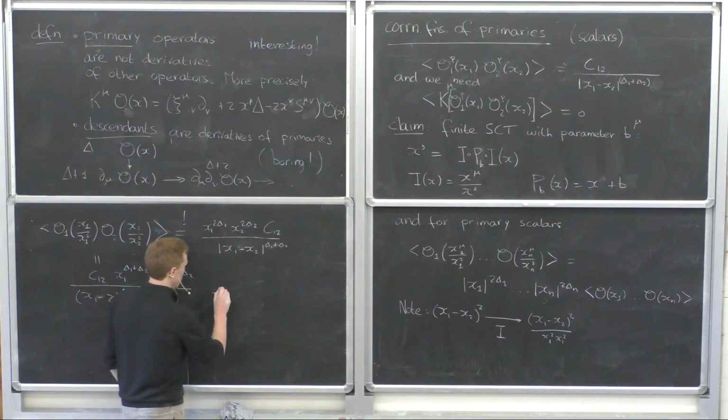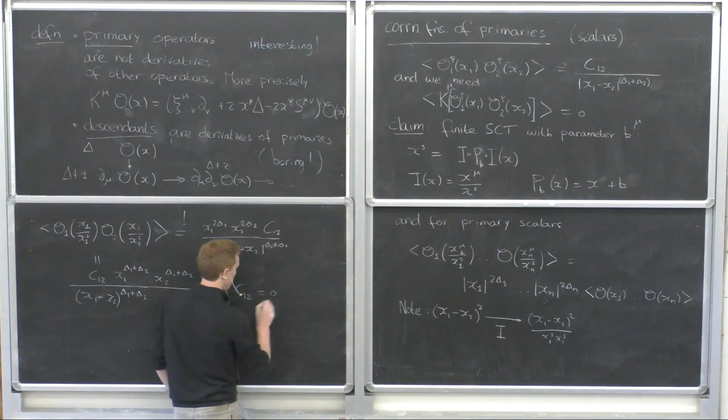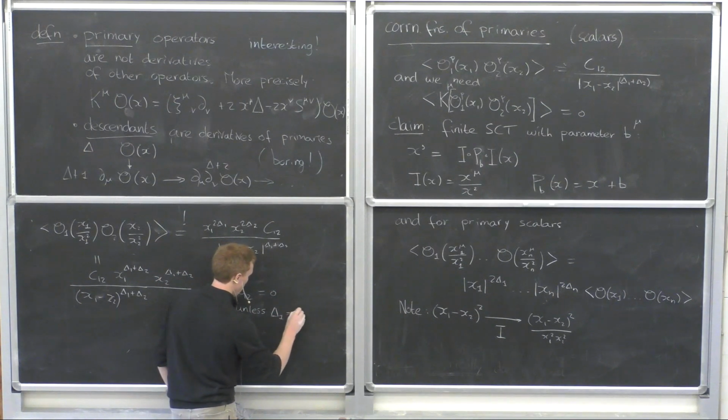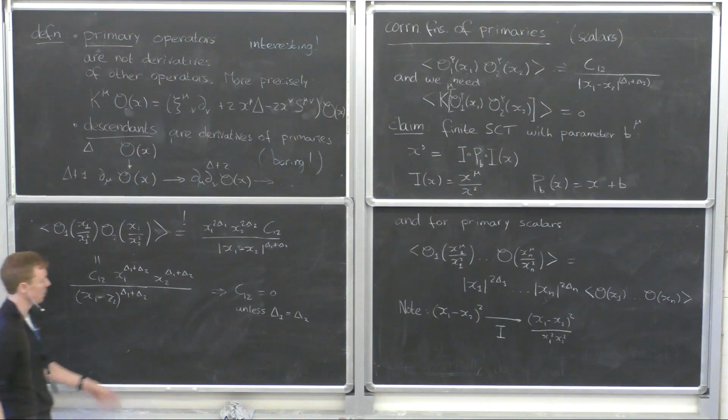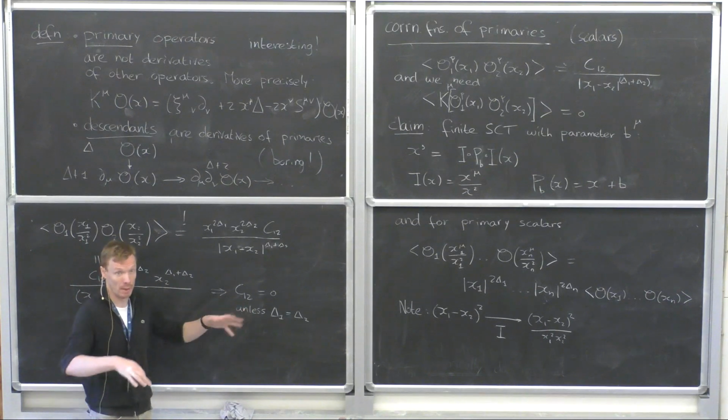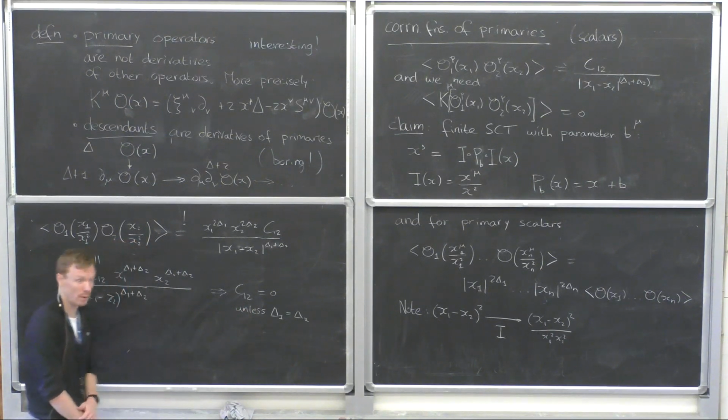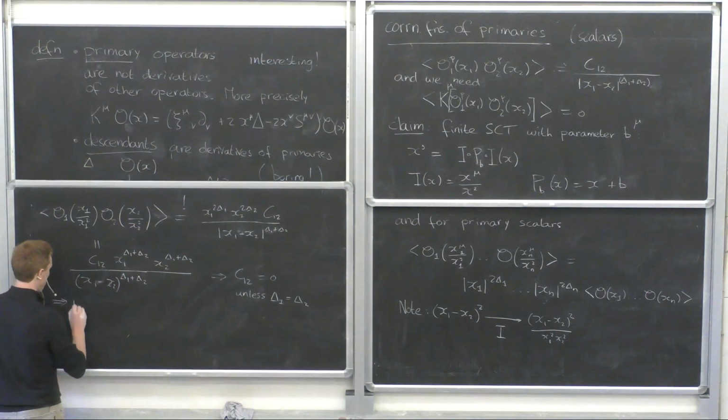So we see that C12 is 0 unless delta 1 equals delta 2. And if delta 1 is delta 2, if you have a bunch of operators with the same scaling dimension, then C12 is some symmetric matrix, but I can always diagonalize that matrix. So we're going to pick an operator basis.